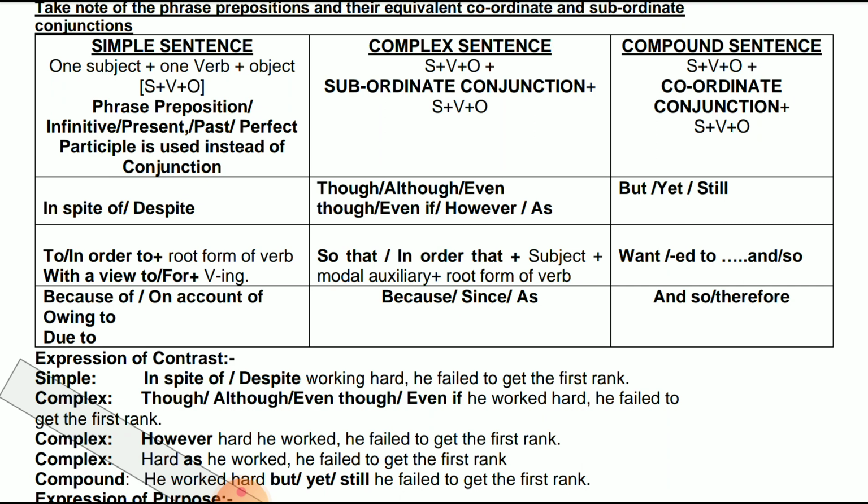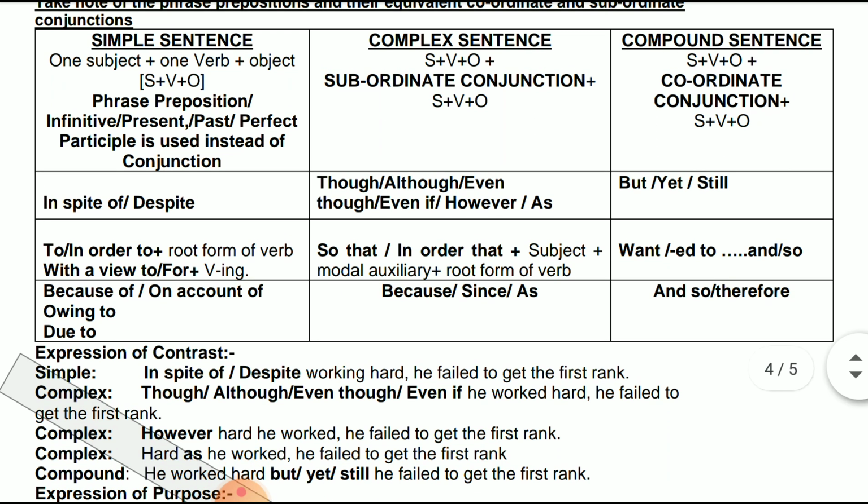Any of these subordinate conjunctions can be used to make it a complex sentence, though their sentence pattern changes. We will go through that as we do the examples. In a compound sentence, instead of though, although, even if, however, or as, or in spite of or despite in a simple sentence, we have to use but, yet, or still.